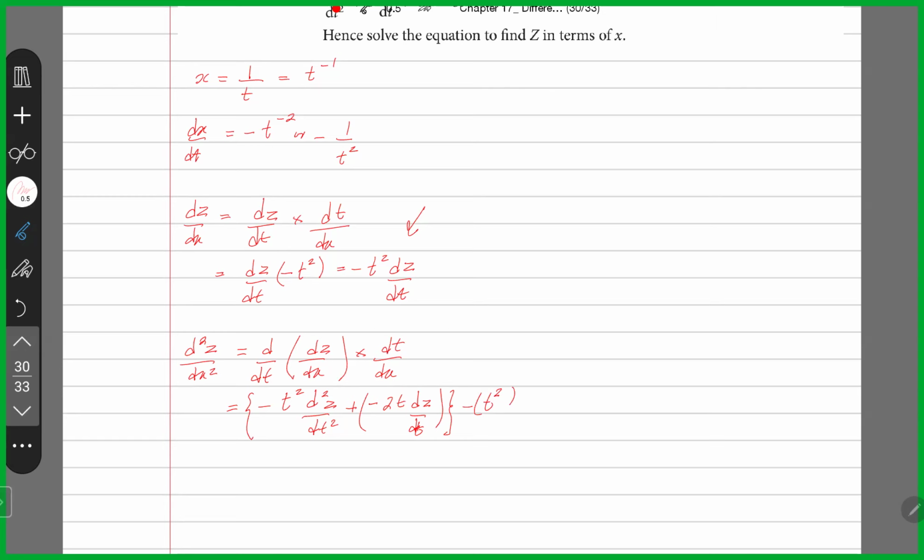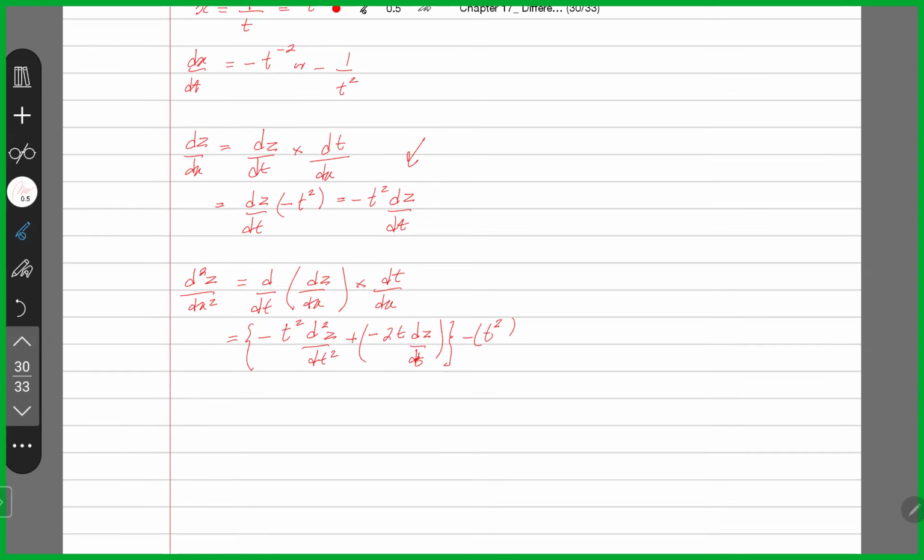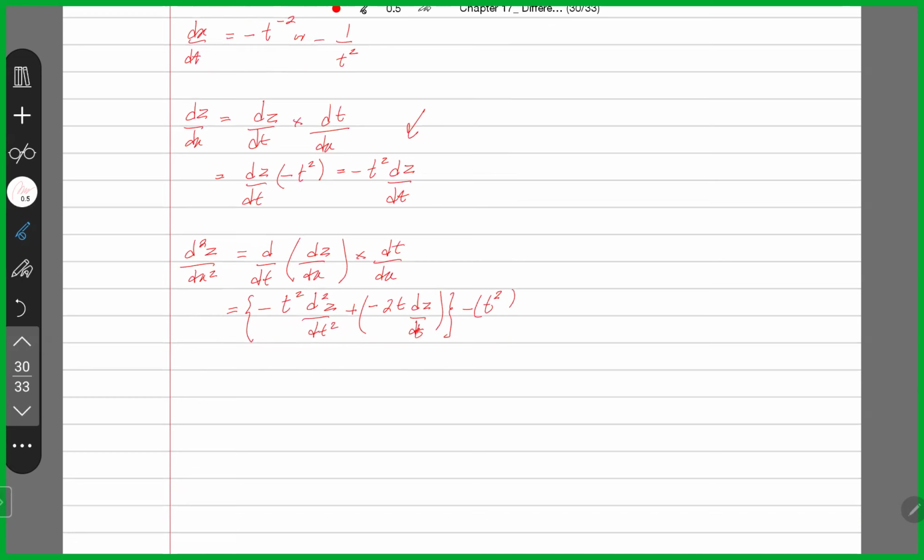All right, so what we end up with, or we should end up with, is, a negative times a negative is a positive, t to the fourth d2z by dt squared. A negative times a negative is a positive, 2t cubed dz by dt.